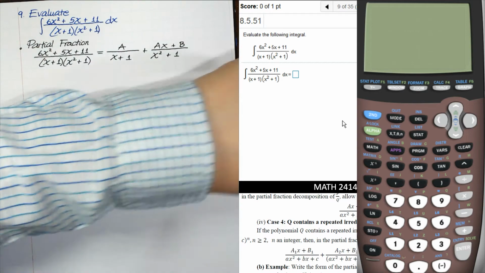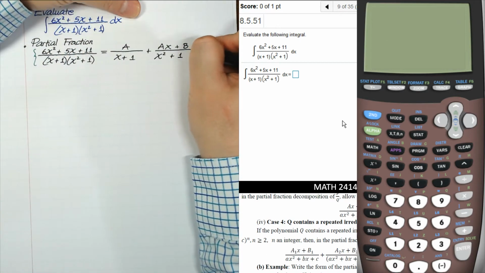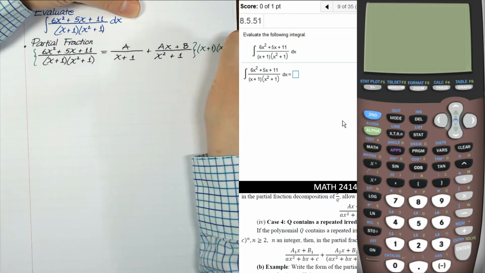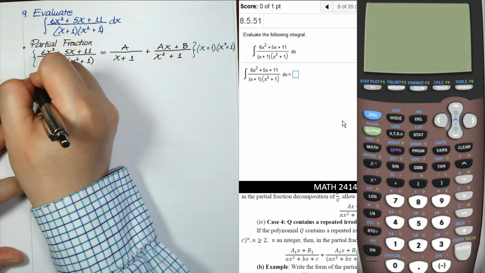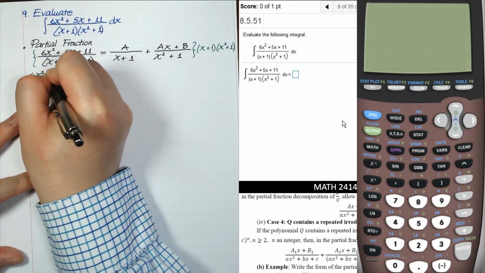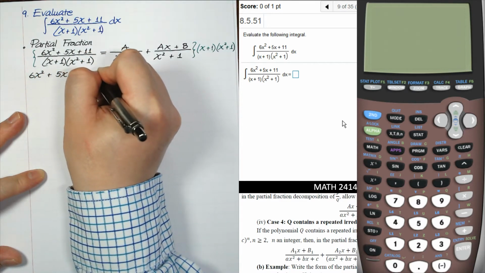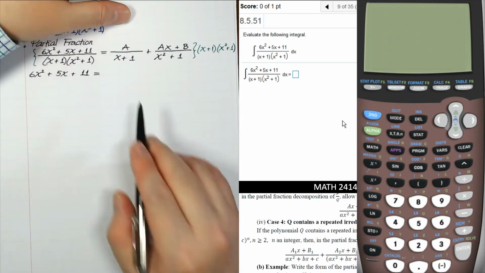Right. Multiply by the least common denominator of x plus 1, x squared plus 1. 6x squared plus 5x plus 11. Right. Multiply it out.